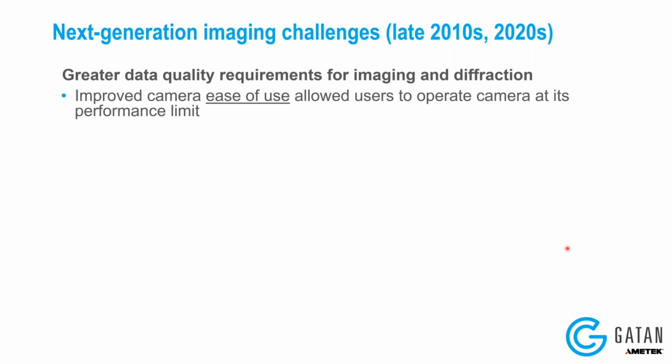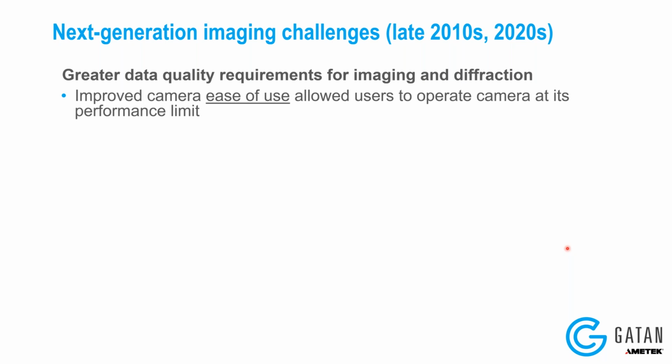Because you could start doing drift correction and you always had a live view, and the camera in general was pretty easy to use, people really quickly started trying to push the camera to its performance limit in terms of speed and sensitivity and doing low dose imaging or diffraction experiments.